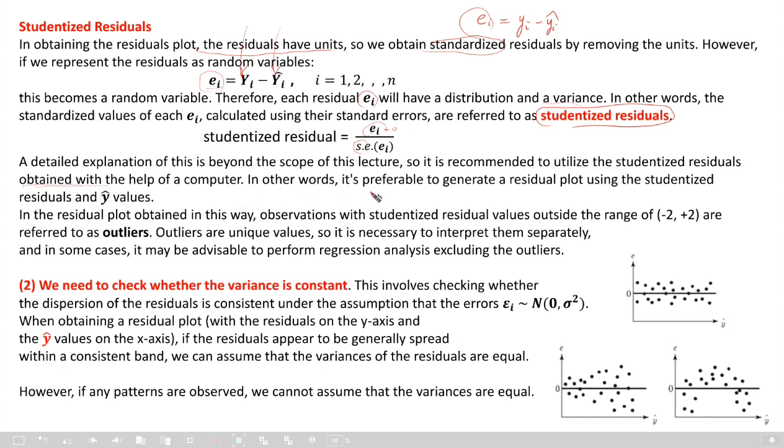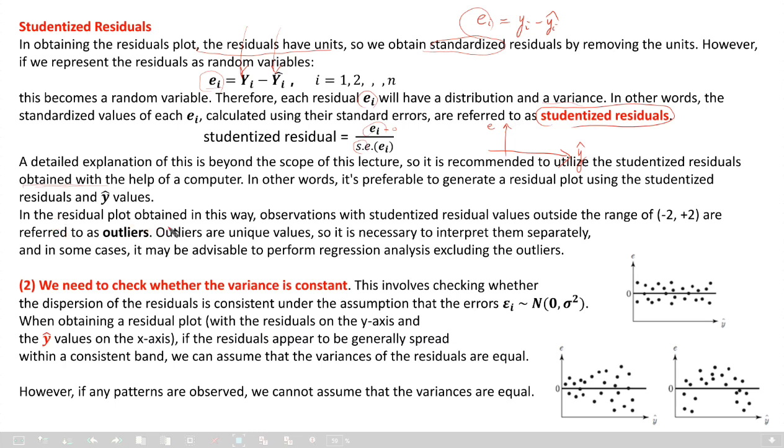In other words, it is preferable to generate the residual plot using these studentized residuals and y hat values. It is beyond the scope of this lecture. Actually we say orthogonal, but you don't have to worry about that kind of thing. Here, the x-axis will be y hat, and the residual is the y-axis, okay?